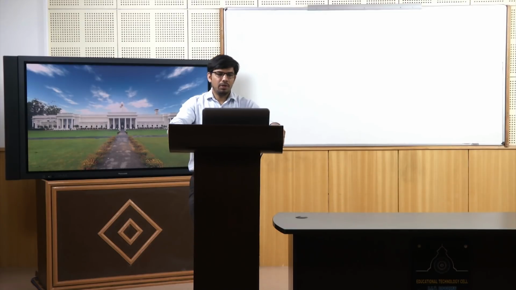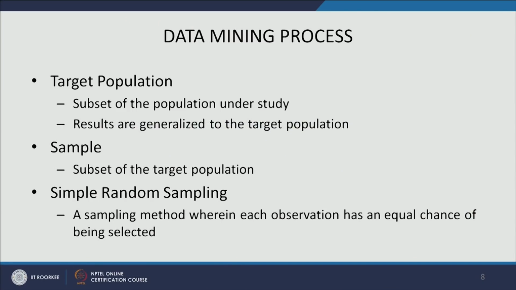So we need to understand the target population. How do we define a target population? Target population is the subset of the population under study. For example, in our sedan car example in the previous lecture, it is the households that were the target population, if we wanted to study the households and whether they own a sedan car or not.